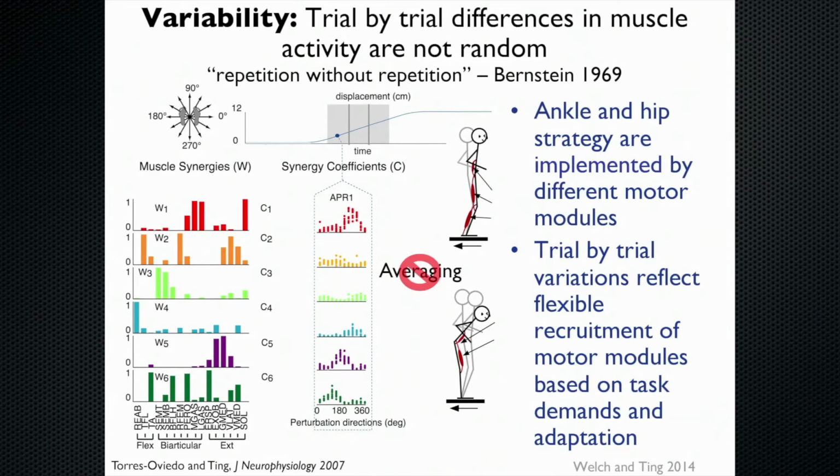What analyzing the muscle activity using factorization allows us to do is not to average in these two very disparate types of motor patterns, but to be able to extract how much ankle strategy or how much hip strategy is being used from one trial to the next.